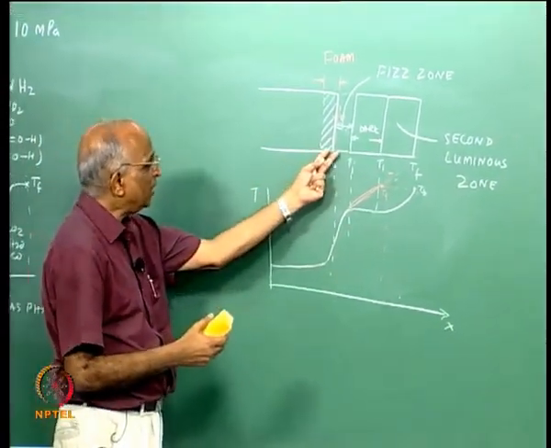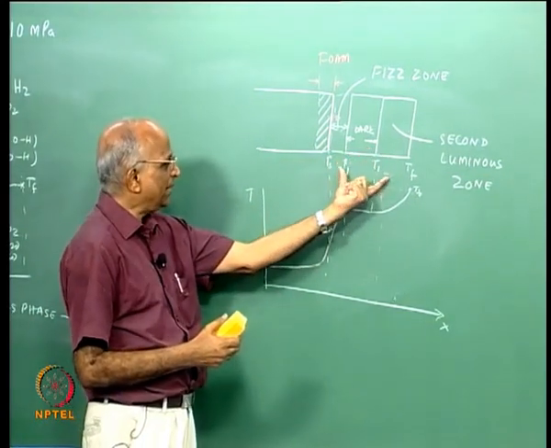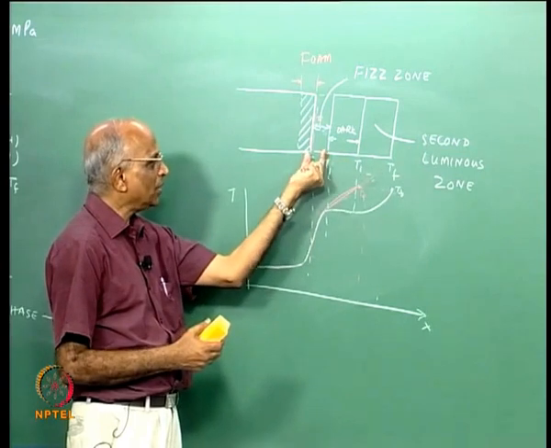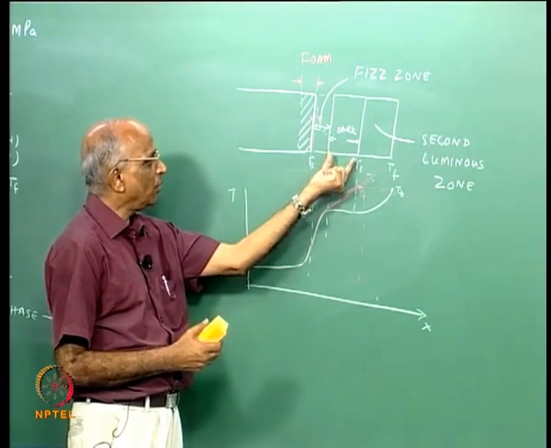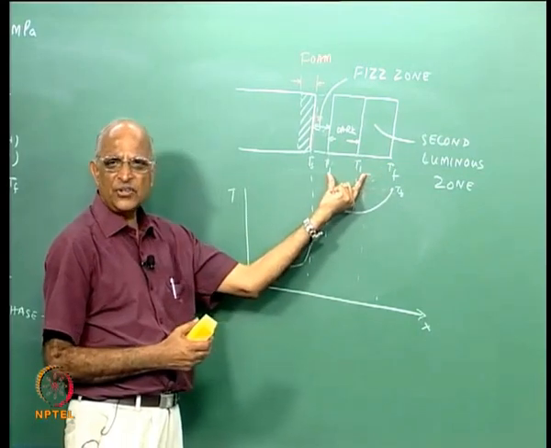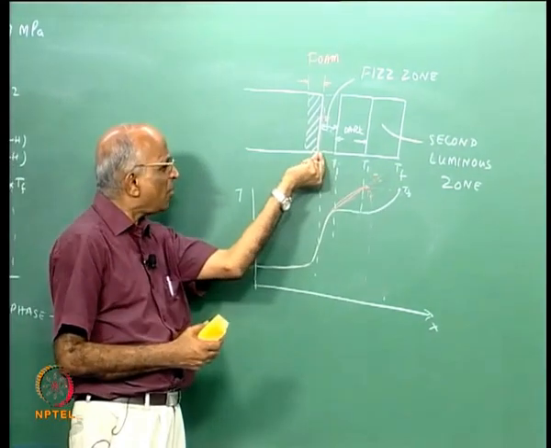But this seems reasonable, and it has been experimentally verified. Even though I show it like this, the total thickness of the fizz zone, followed by the dark zone, followed by the second luminous zone, is something like a fraction of a mm.